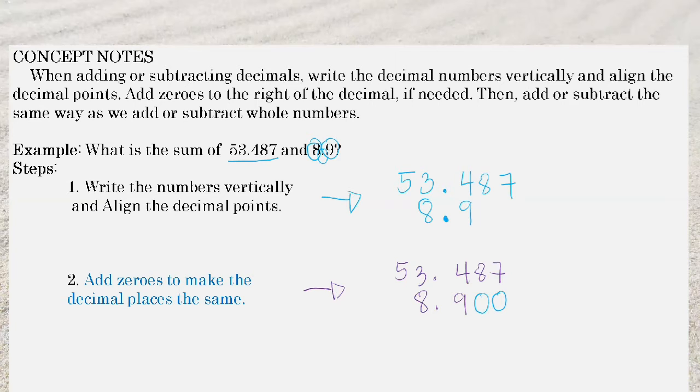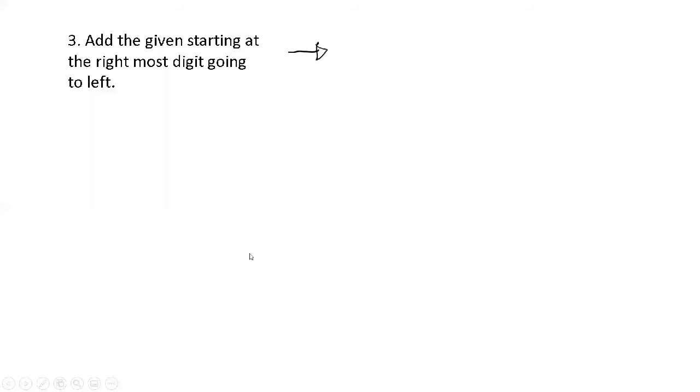Now, after that, we can add or we can subtract our given. Since we are going to get the sum of our given, then we are going to add 53.487 and 8.900. So now let's add our given.